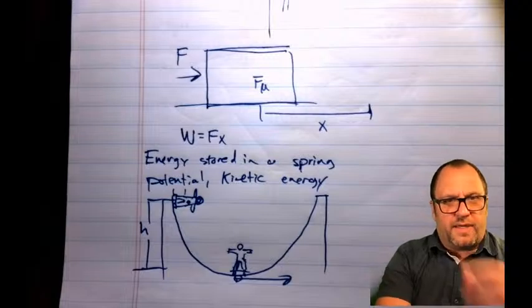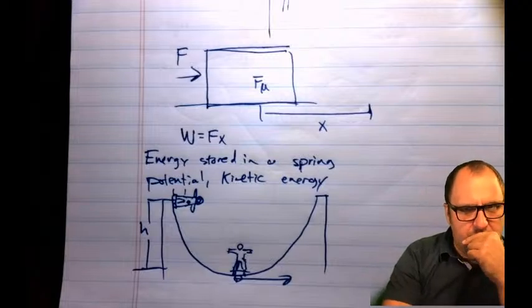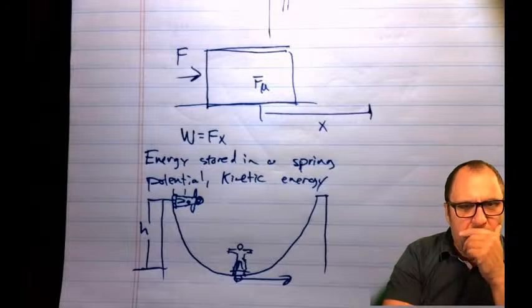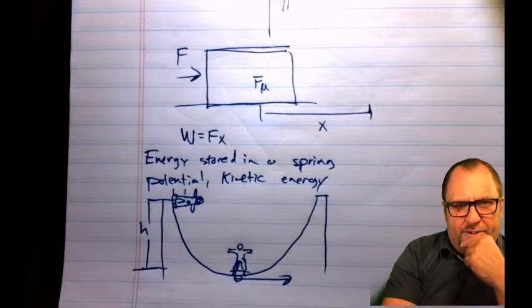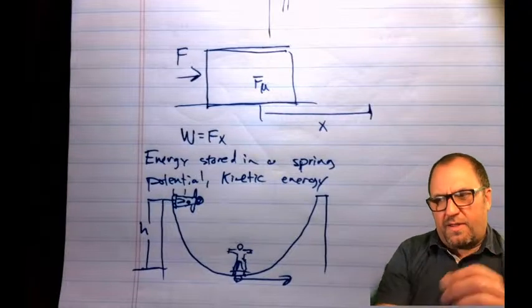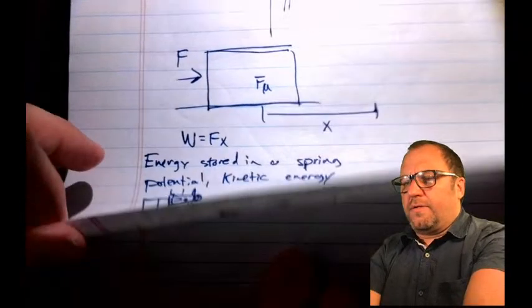What else do we have? Then we talked about using energy. If you have a certain amount of energy, some power source, maybe it's food or a battery, what is the efficiency?